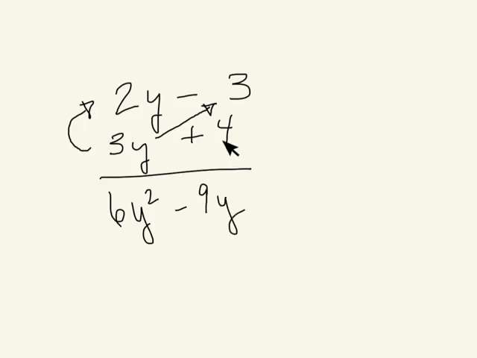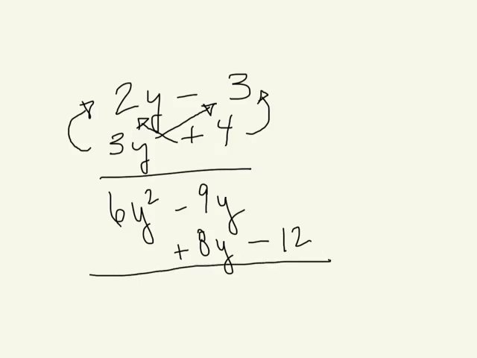Then I'm going to start at this one. Positive 4 times a positive 2y. That's a positive 8y. And then I'm going to do this one. Positive 4 times negative 3 is negative 12.